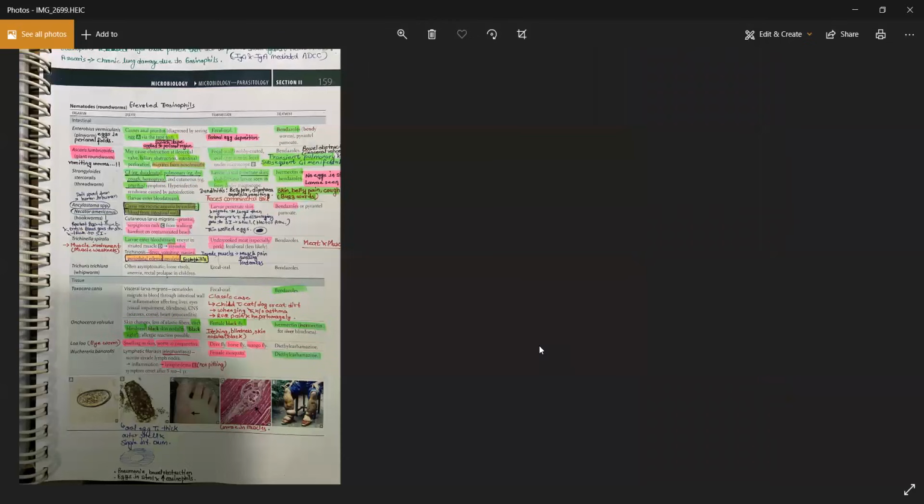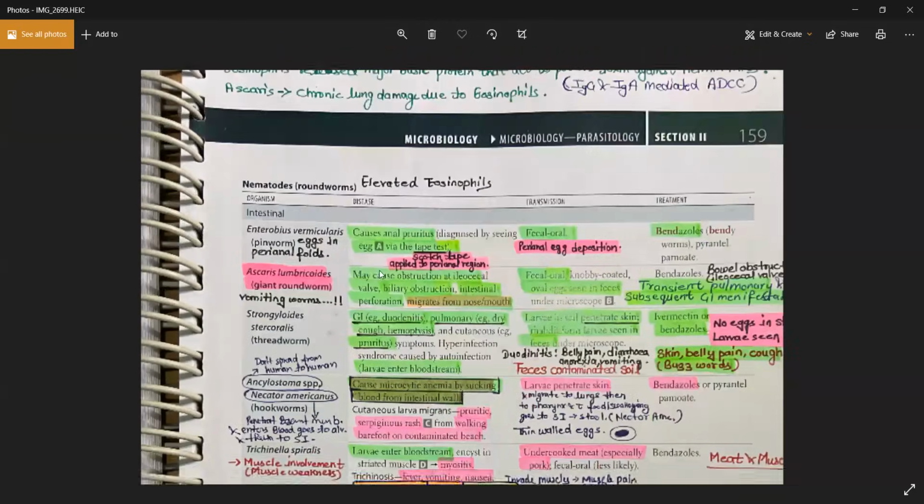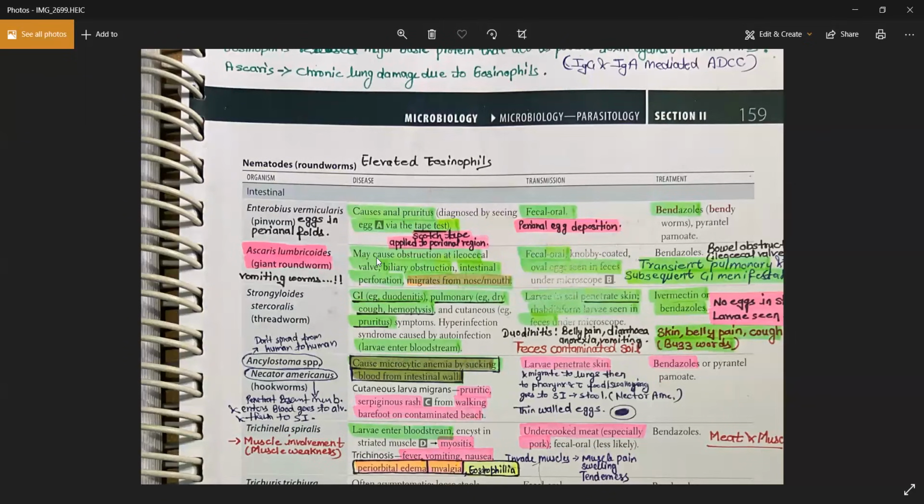Now, discussing the nematodes, you need to know that for every helminthic infection there exists eosinophilia. Remember, I told you the function of eosinophils: they are very important to fight against helminthic infections because they release their major basic proteins, which are very important in fighting parasitic infections, and that's why in parasitic infections you have a high eosinophil count.